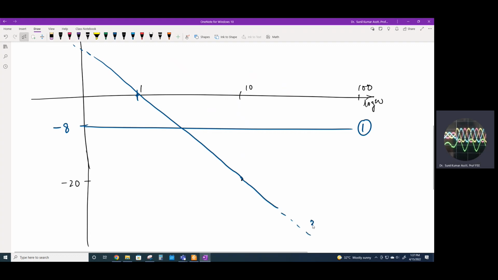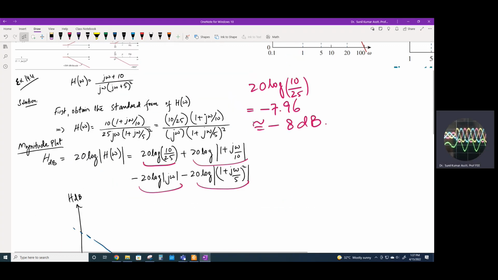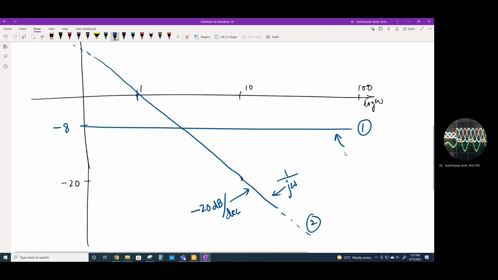So let's call this line number 2, and its slope is minus 20 dB per decade. And obviously this is basically 1 over j omega, starting from the 20 log of K, or minus 8 dB. Right. So these are lines 1 and 2.